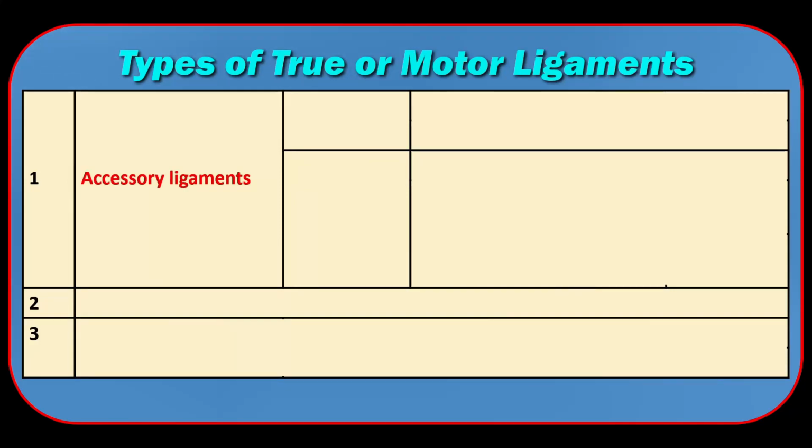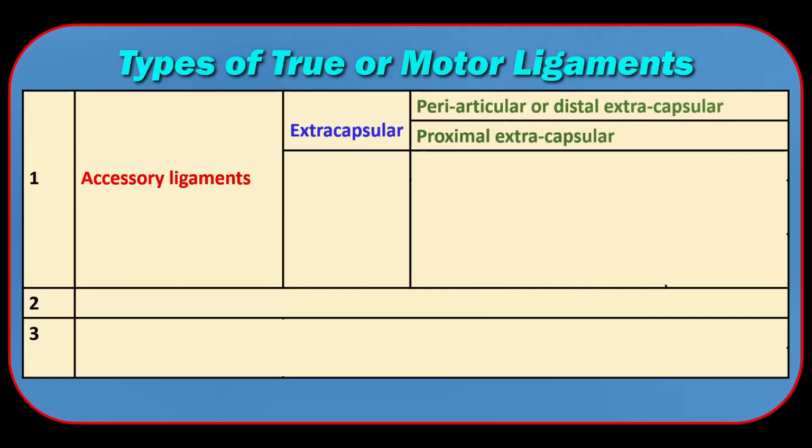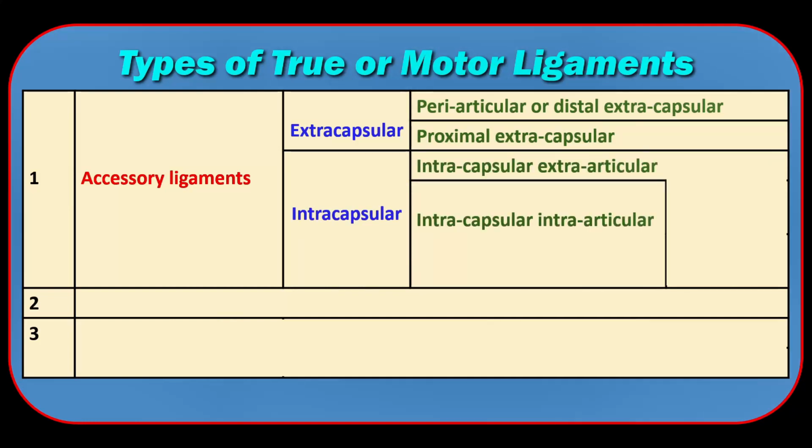It is further divided into extracapsular and intracapsular types. The extracapsular is further subdivided into periarticular and proximal extracapsular ligaments. The intracapsular ligament is also further divided into intracapsular extraarticular and intracapsular intraarticular ligaments. The intracapsular variety is again divided into total and partial intraarticular ligaments.